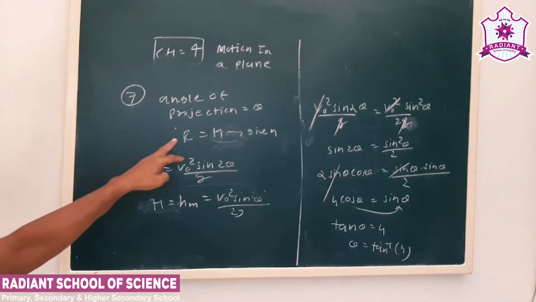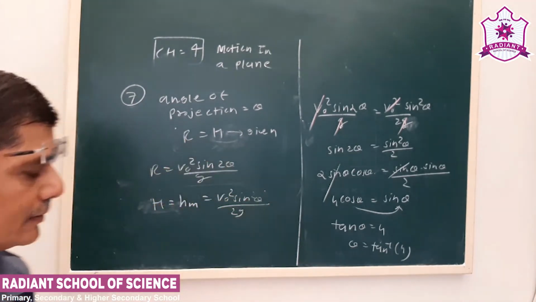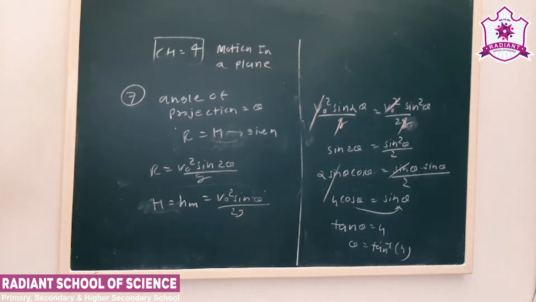So when the range and height are the same, the angle of projection is such that tan theta is equal to 4. This is how we can solve.